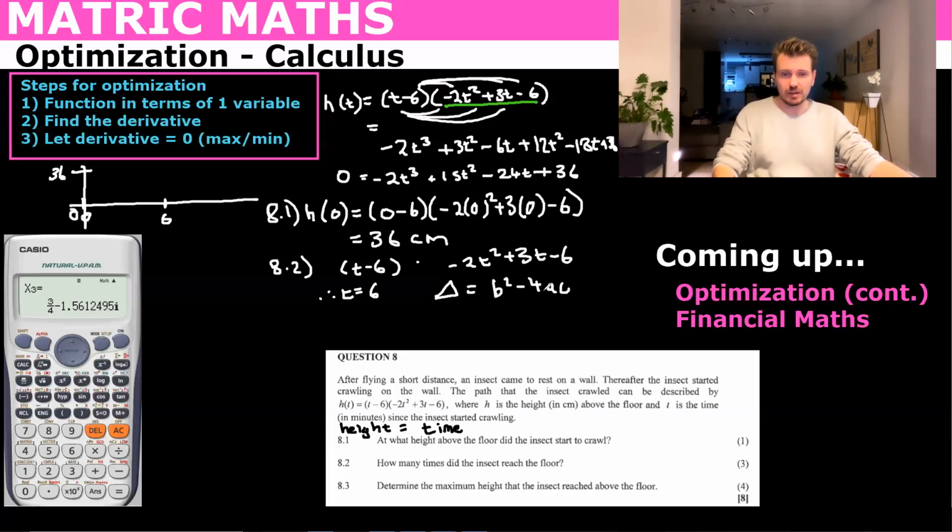So I'm simply going to put in b squared and show that it's negative, and I can say b is 3, a is minus 2, and c is minus 6, and so 4 times 2 times 6 is 48, and so I end up with minus 48 plus 9, so it's minus 39.